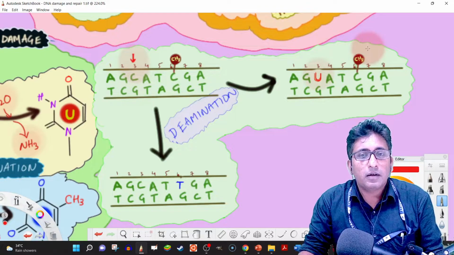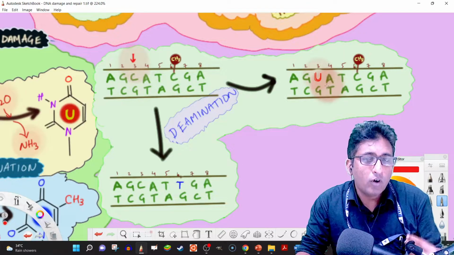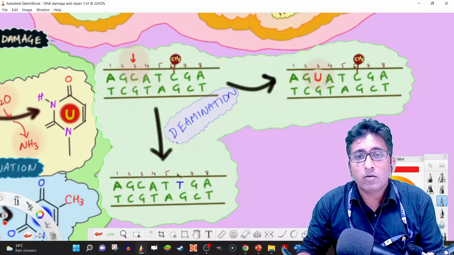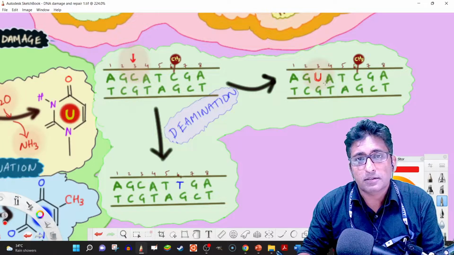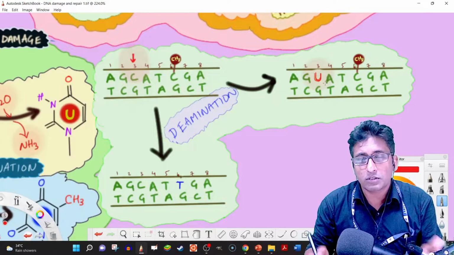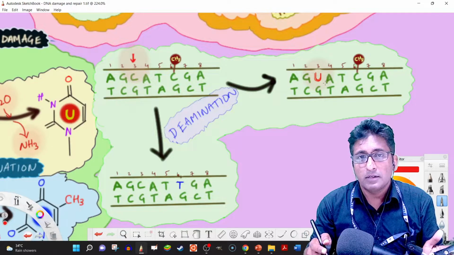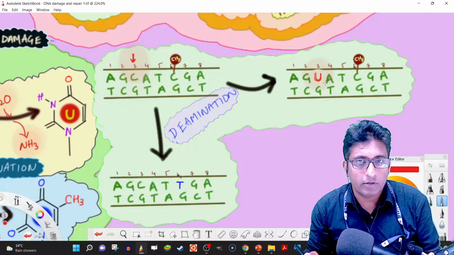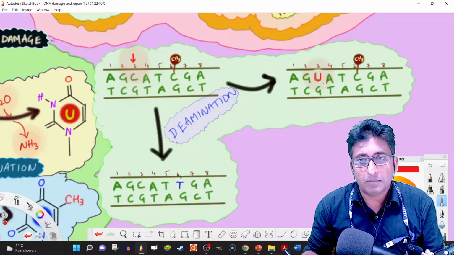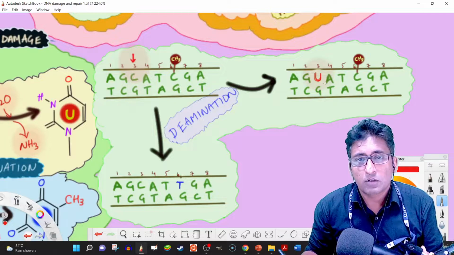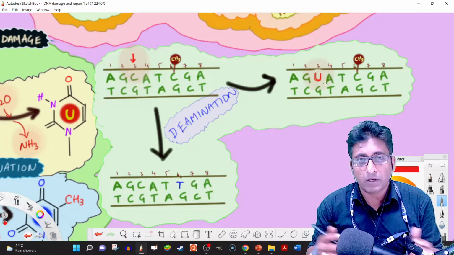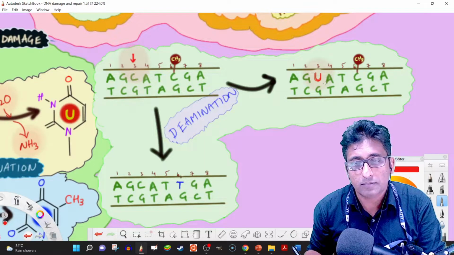So if uracil was a normal or natural base within DNA, how could the repair systems distinguish uracil from that of deaminated cytosine, which is also uracil? So there is a problem. That means there should be something else to be able to distinguish between what is uracil and what is a deaminated cytosine.